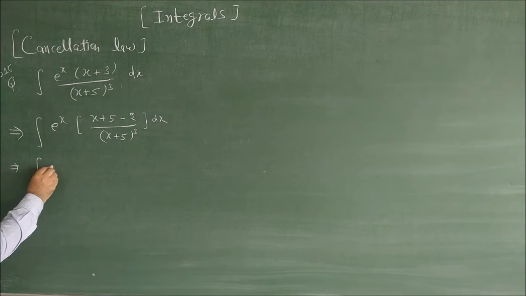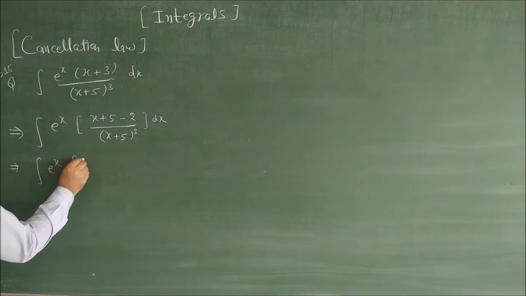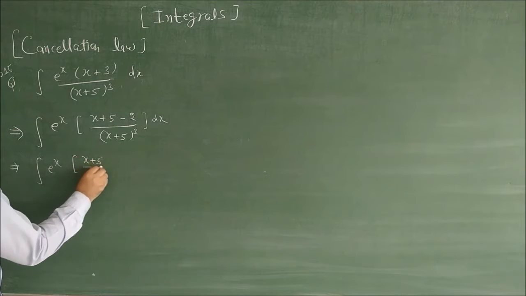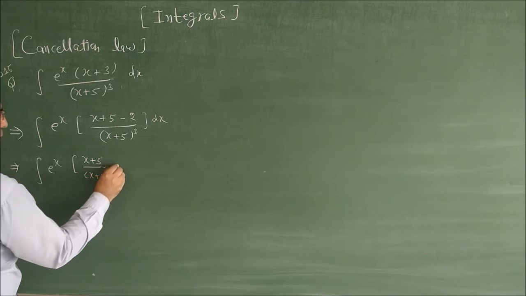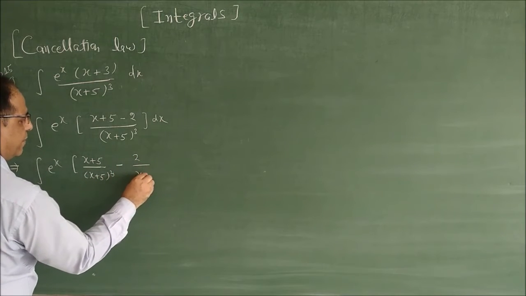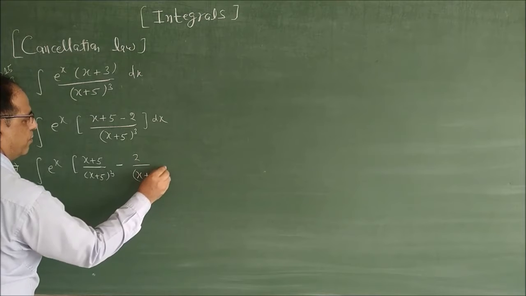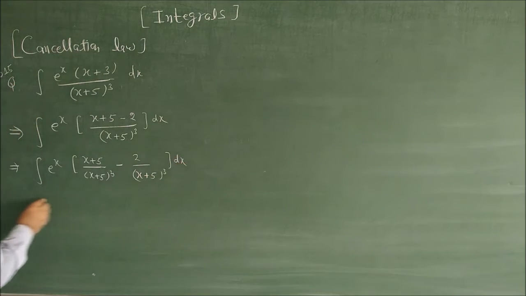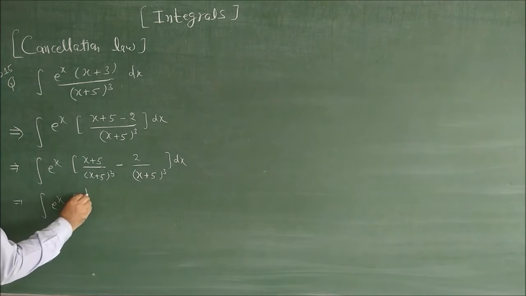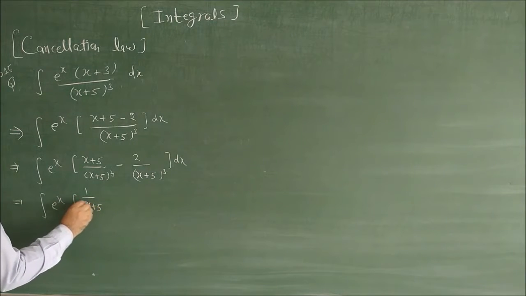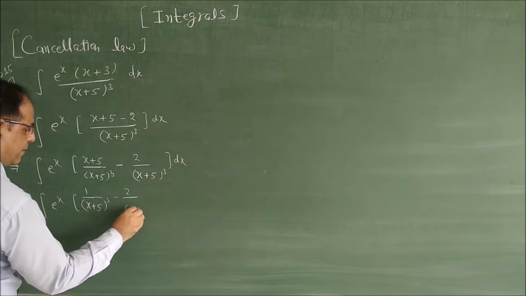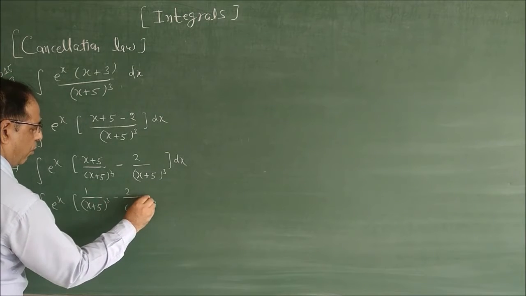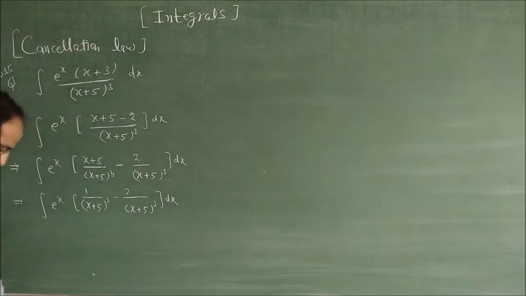This can be written as e to the power x times [(x plus 5) upon (x plus 5) whole cube minus 2 upon (x plus 5) whole cube] dx. Next step, this again can be written as 1 upon (x plus 5) whole square minus 2 upon (x plus 5) whole cube dx.